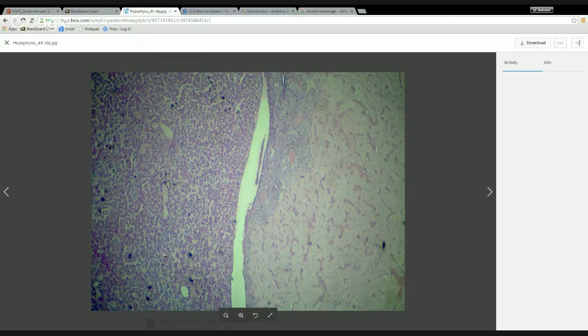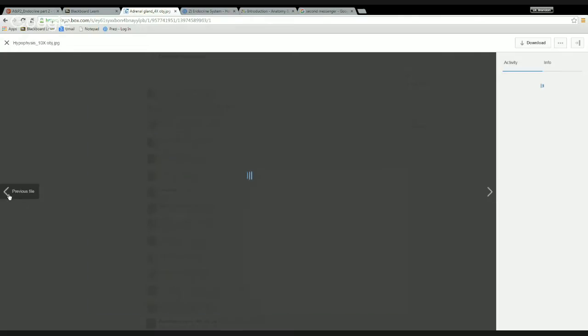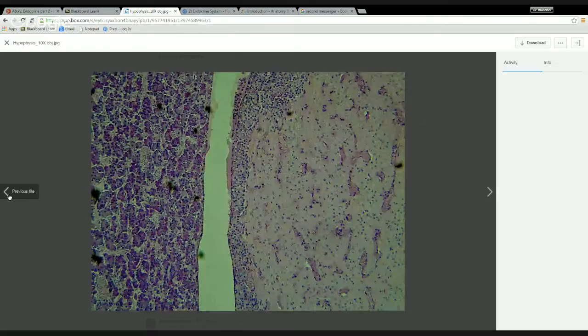Okay. Now, so again, this is the 4x objective version of this picture. Oh, wrong direction. This is the 10x objective, and when we move to the 10x objective, we can start to actually make out nuclei. Now we can see little dark dots here.